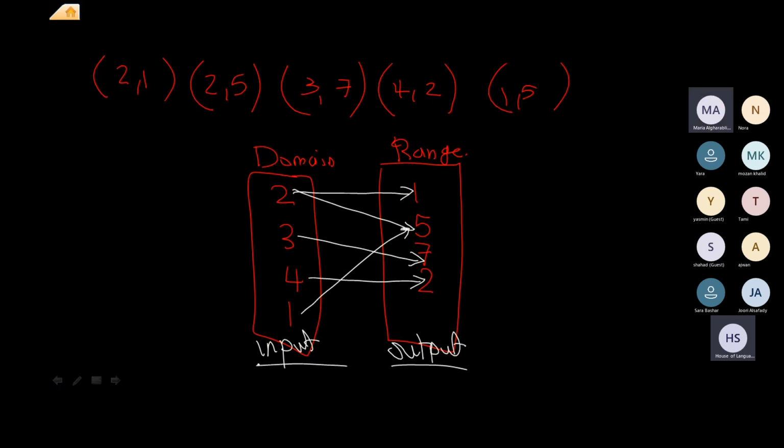Teacher, I don't get it. Let's wait just a minute. What didn't you get? Like how 3 goes to 7? From here, 3 is connecting with 7. Teacher, I still don't get what you mean by domain and range. We explained it on Monday.